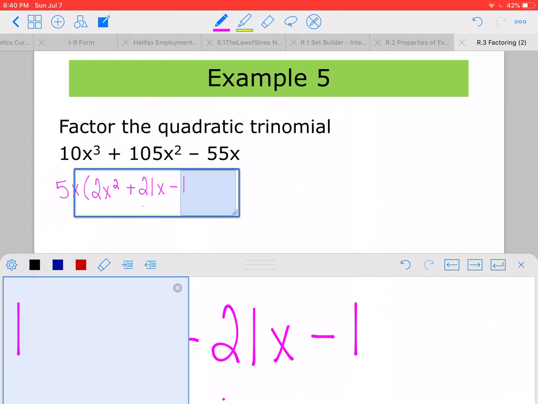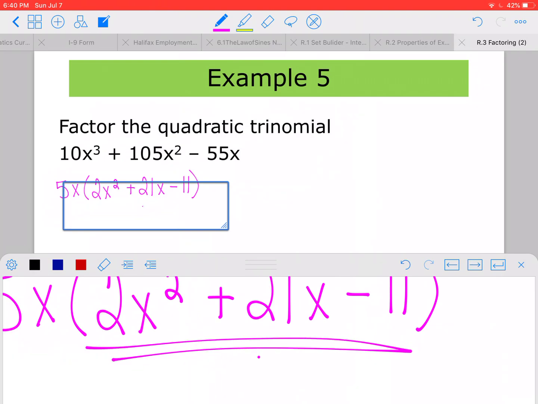So notice that gets the numbers in our trinomial smaller. We're going to keep that 5x with us as we go. It's important to be in your answer in the end, but we're pretty much going to ignore it until the end.